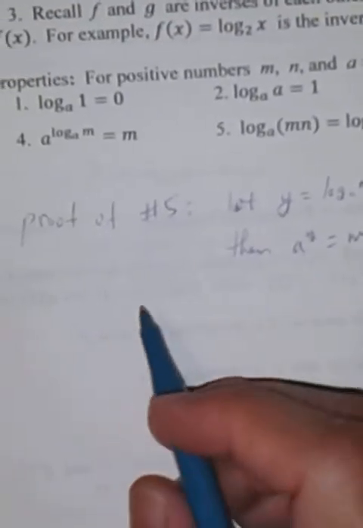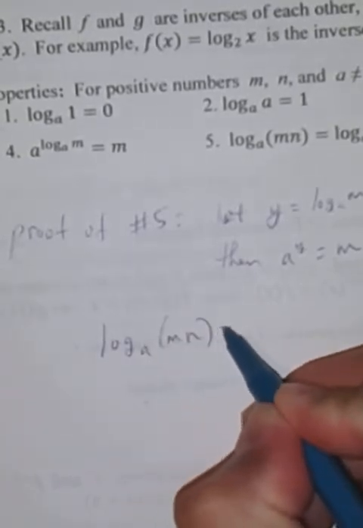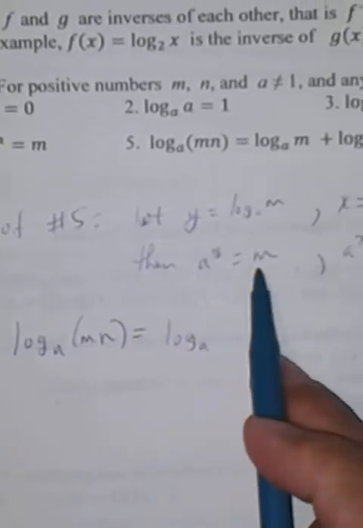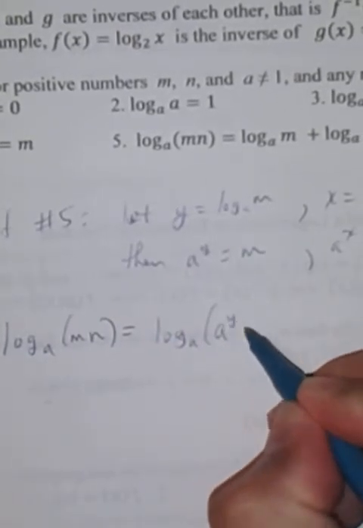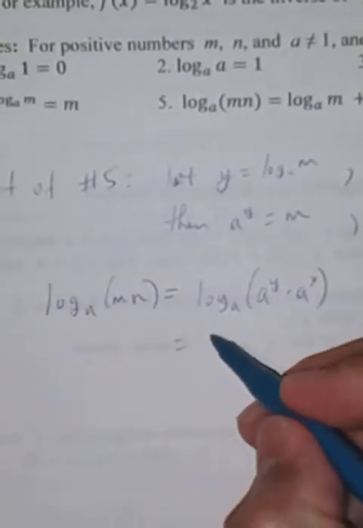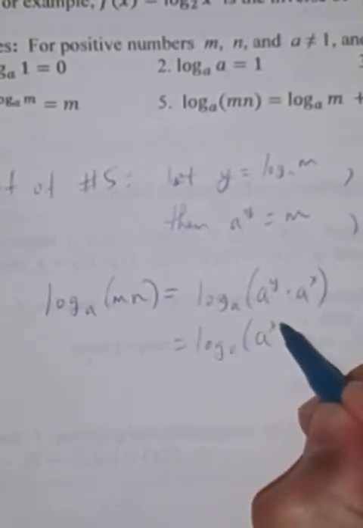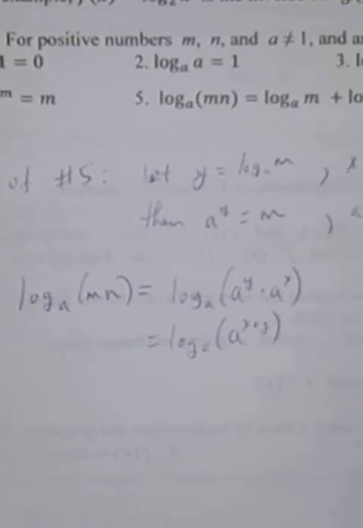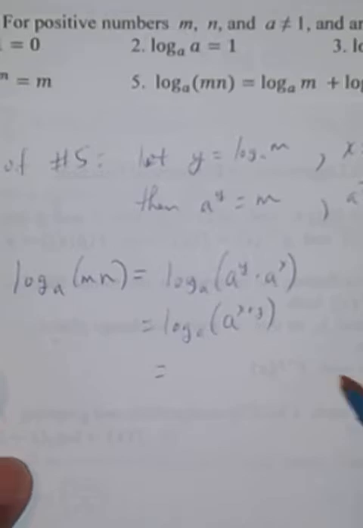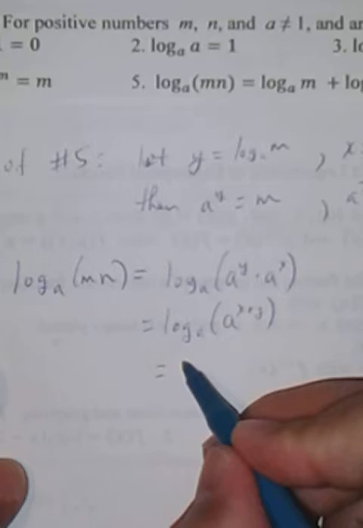Okay, so if we take rule number 5, log base a of m times n would be the same as log base a of a to the y times a to the x. And that would equal log base a of a to the x plus y, and of course it could be y plus x, doesn't matter. And log base a of a to the x plus y is just the exponent x plus y.